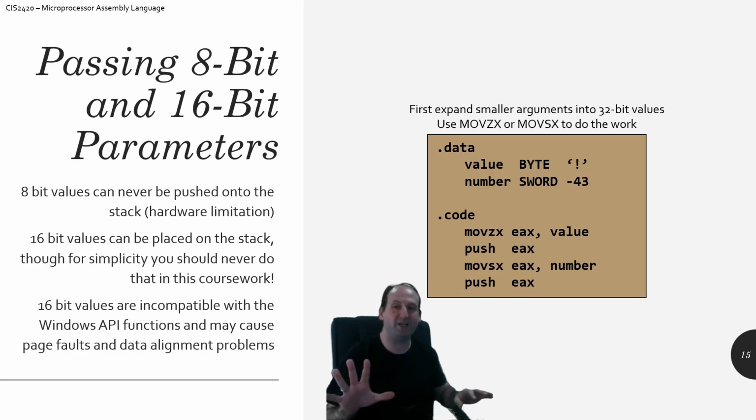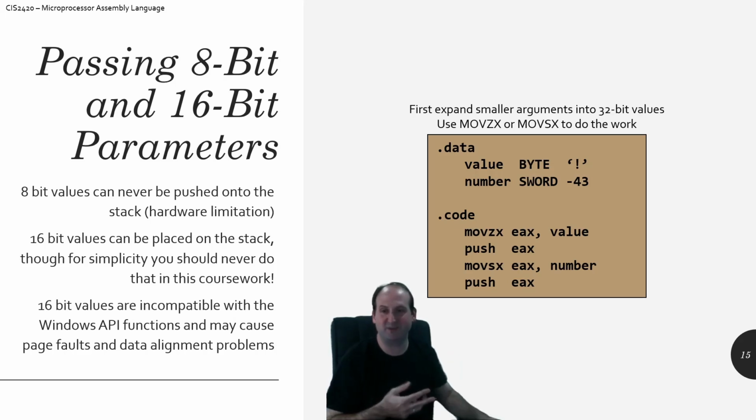And you can never push 8. 16 is if you really know what you're doing, because even 16-bit values screw around with the Windows API functions and page faults and data alignment problems and all sorts of things that I do not want to have to fix. So let's just use 32-bit values, but we have to use the move zero extension or the move sign extension operations in order to take something that's a byte or a word and extend it out into a 32-bit value before I push it onto the stack.